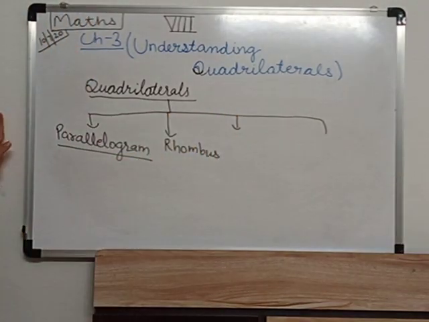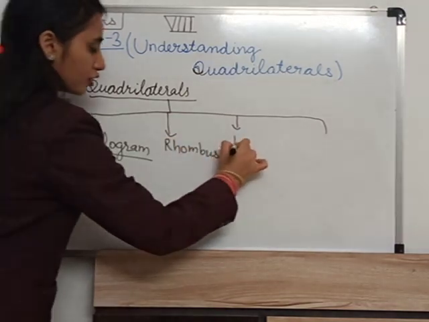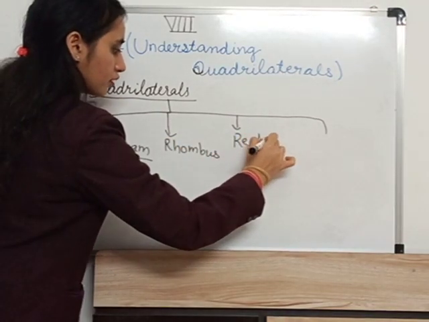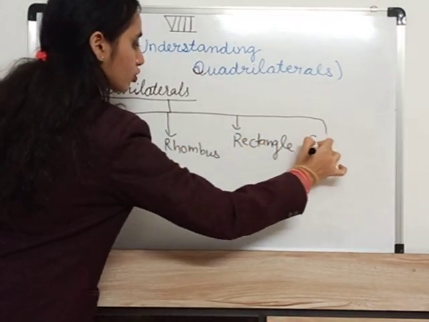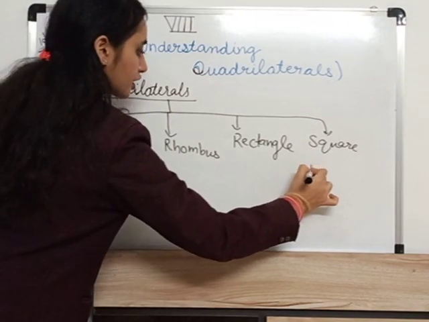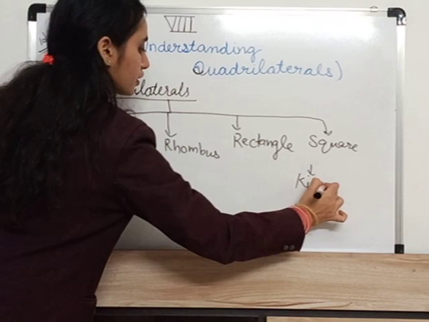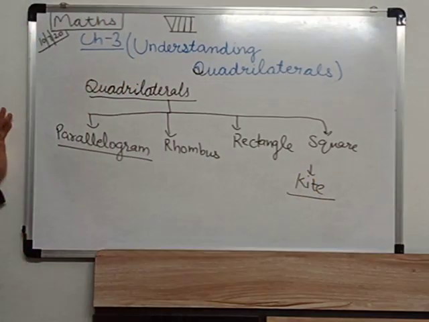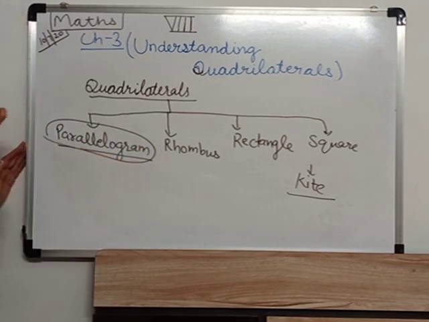This is also a quadrilateral, meaning having 4 sides. You know, rectangle is also a quadrilateral, square is also a quadrilateral, and kite shape and trapezium are also quadrilaterals. Okay, one by one we discuss these properties.